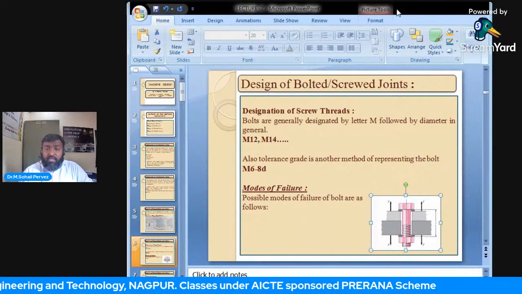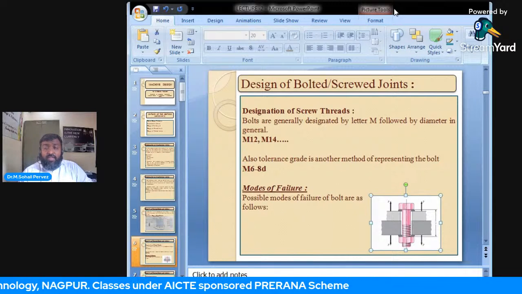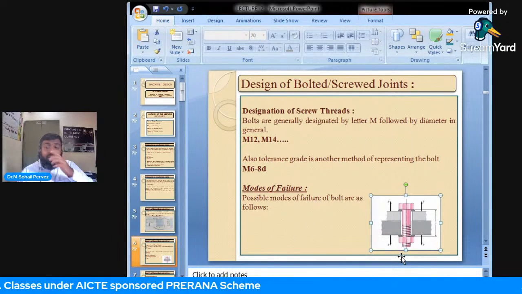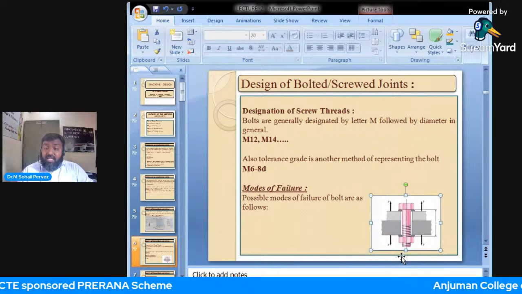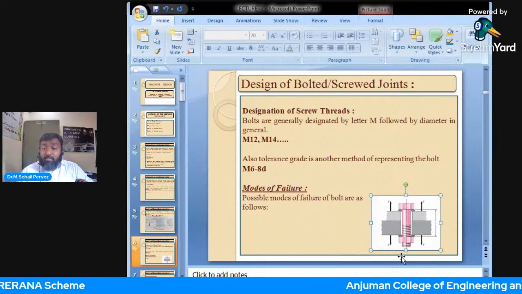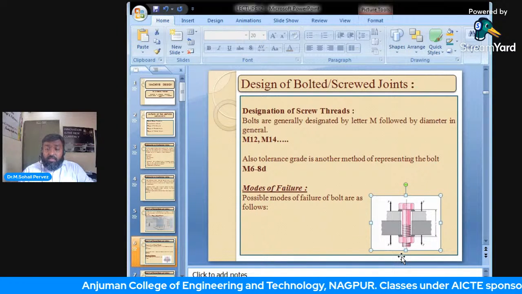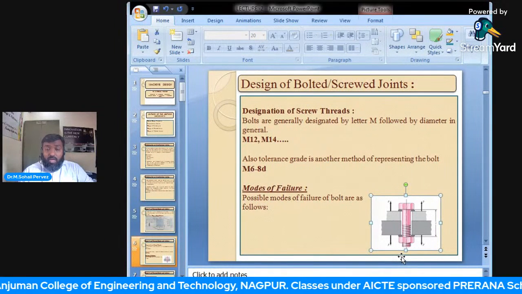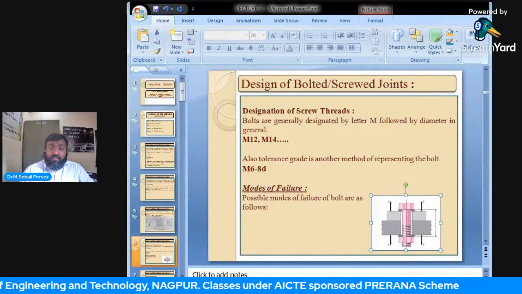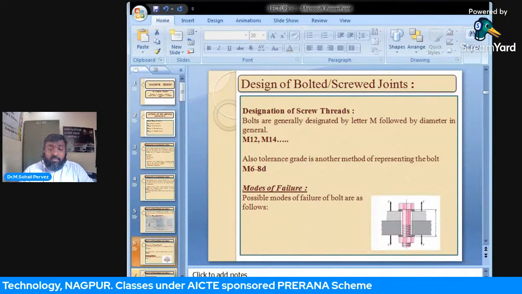How will the bolt fail? It depends on the application of the bolt also. How it will fail.